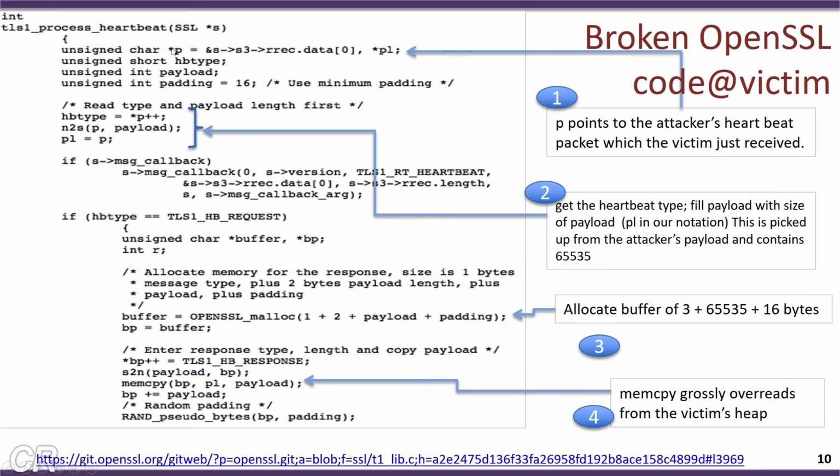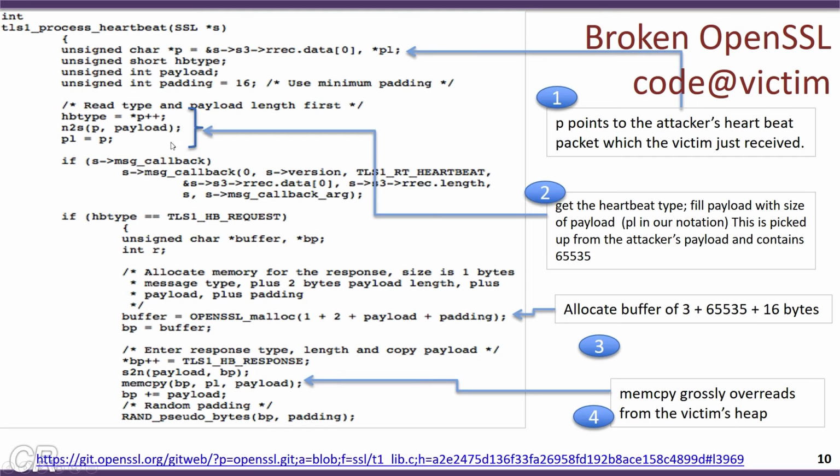So the important function for us is this particular function, that is the TLS process heartbeat. Okay, so we have here a pointer P which is defined, and this pointer is initialized to the heartbeat message, that is the data present in the SSL3 packet which was obtained.